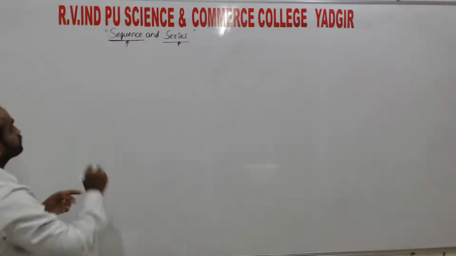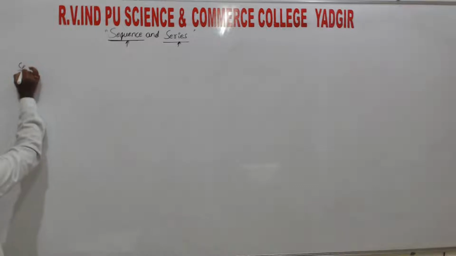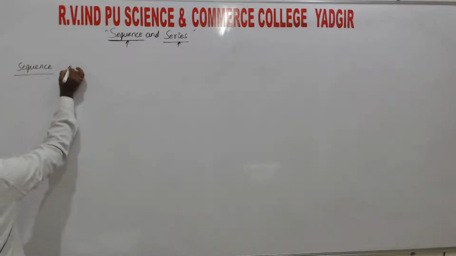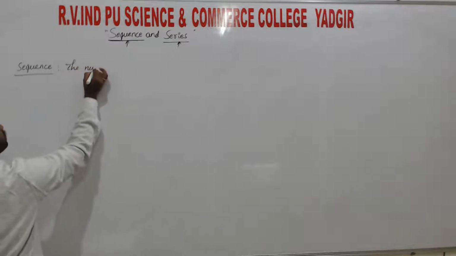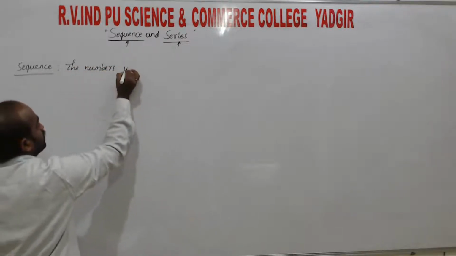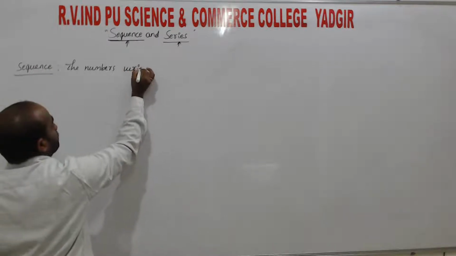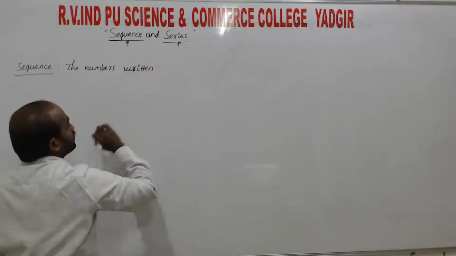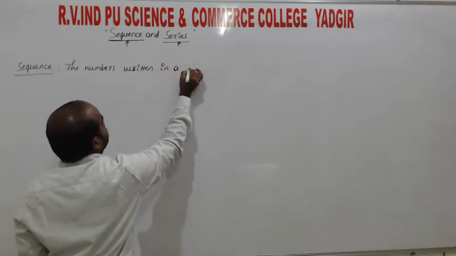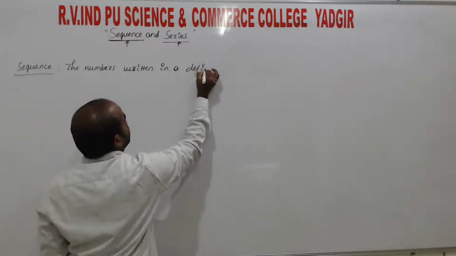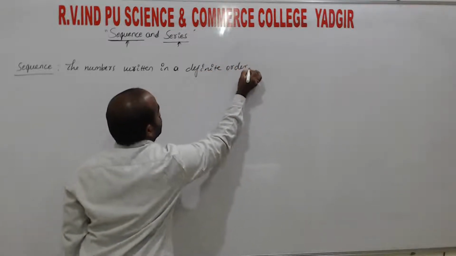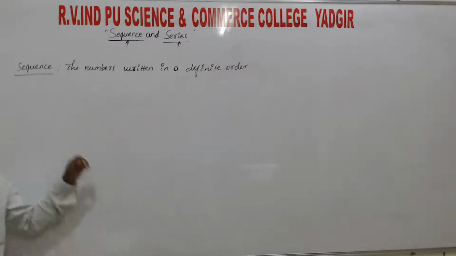The numbers written in a definite order is called sequence.